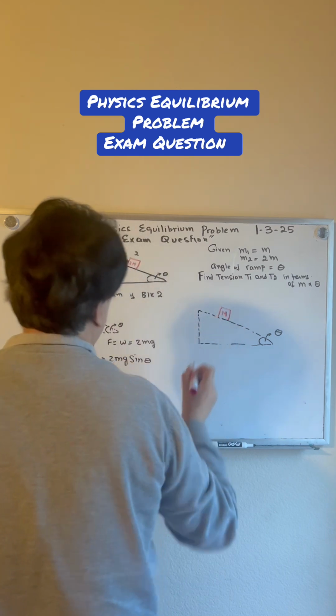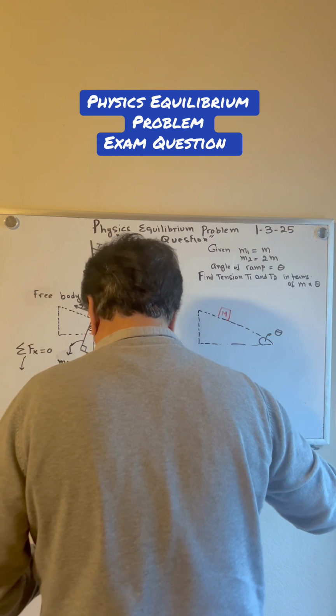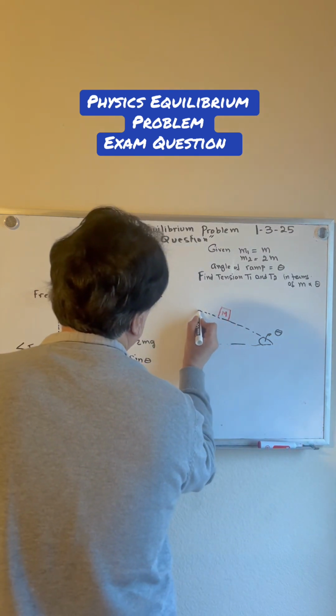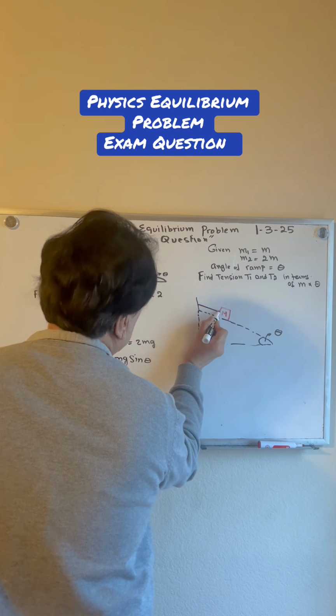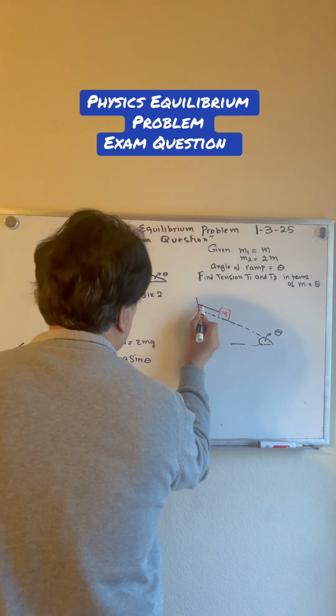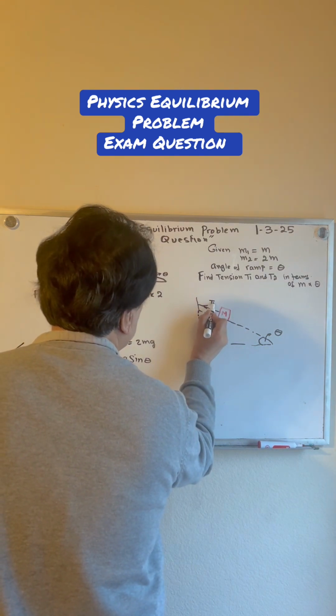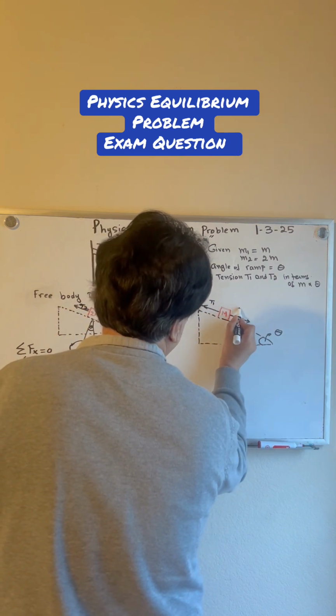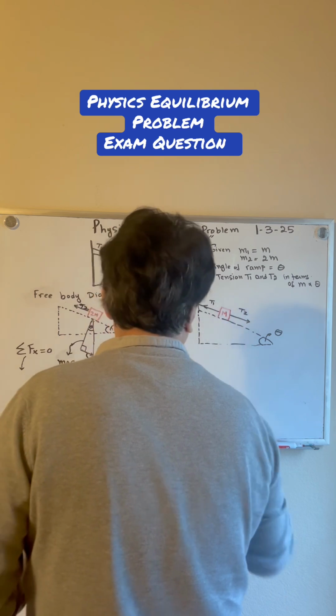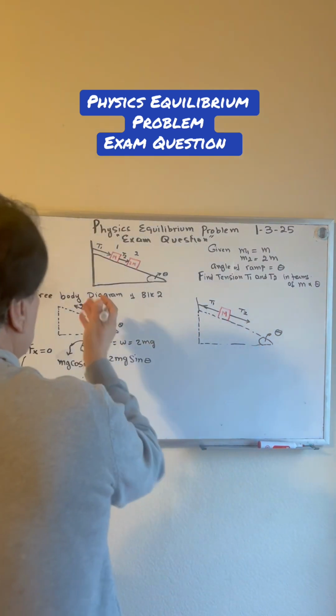Now in this case, we have this fixed ramp right here, and then we've got the rope tied, and it's pulling. This is T1 right here, and this is T2 right here. Now we do basically the same thing.